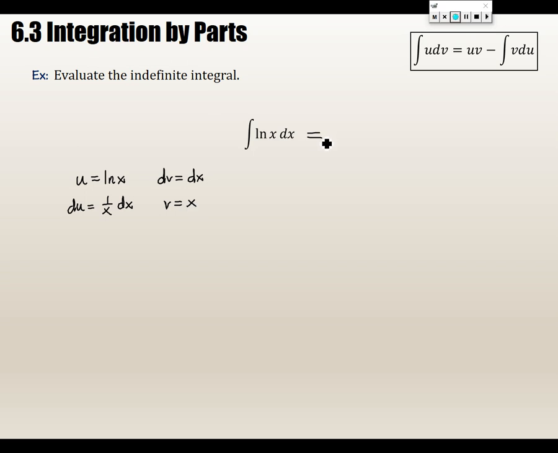So I put the box on this page here so you can keep looking at it. Go ahead and see if you can finish it off. I'll give you a second. Plug in the things where they go. uv minus the integral of v du. uv. Does that sound nice? uv minus the integral of v du.